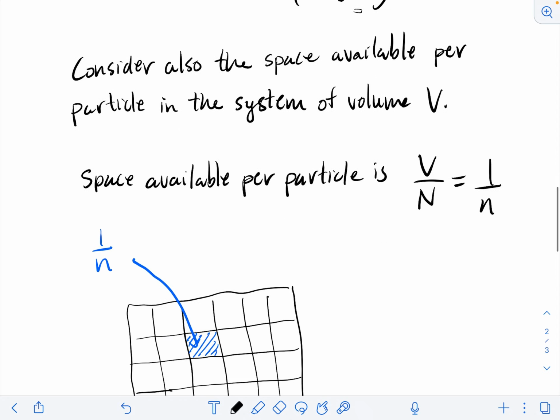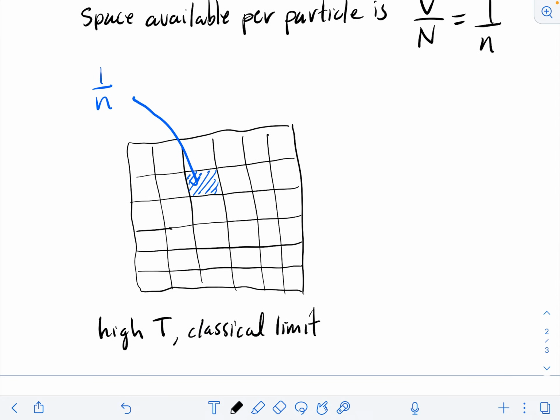So at high temperatures, this quantum volume is small, and so maybe it's something like this. So over here is lambda cubed, which is proportional to 1 over T to the 3/2. And so at high temperature, that's a small amount. And so in this limit, the amount of space that's available for each particle is large compared to the spatial extent of the particle's wavelength.